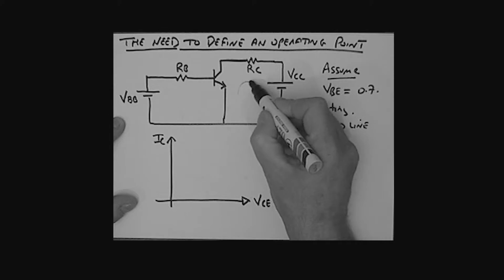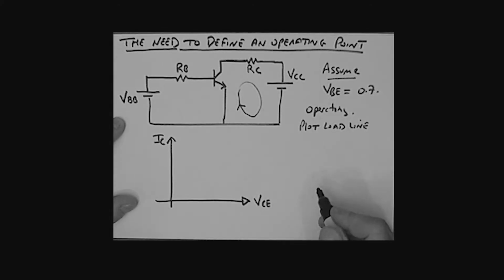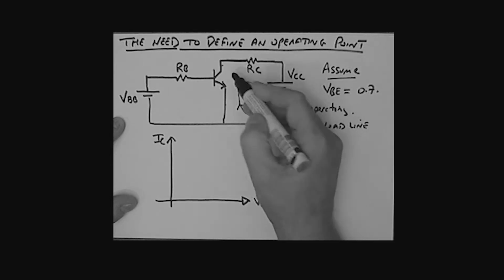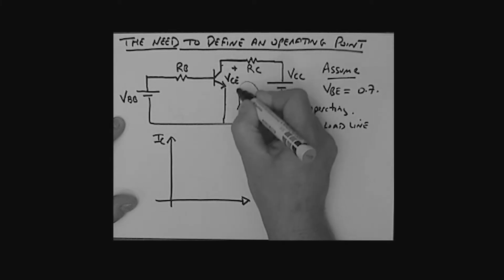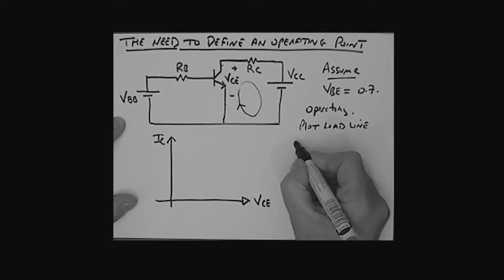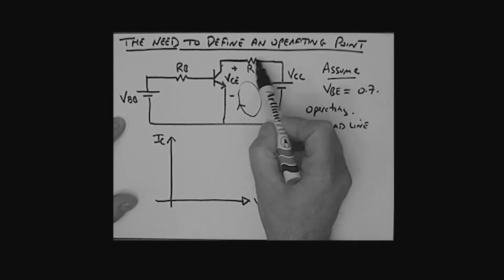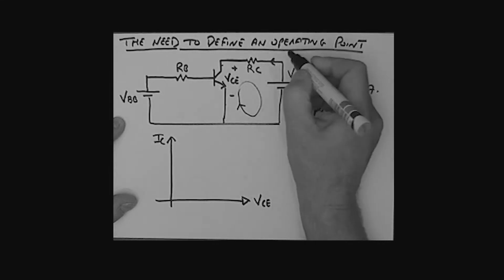Well, the load line is nothing more than taking a loop. The voltage between here and here, I'm going up. We could label that VCE, plus minus. So I've got VCE, and then the voltage across this resistor. Now look at the way the collector current is flowing. The collector current is flowing this way.